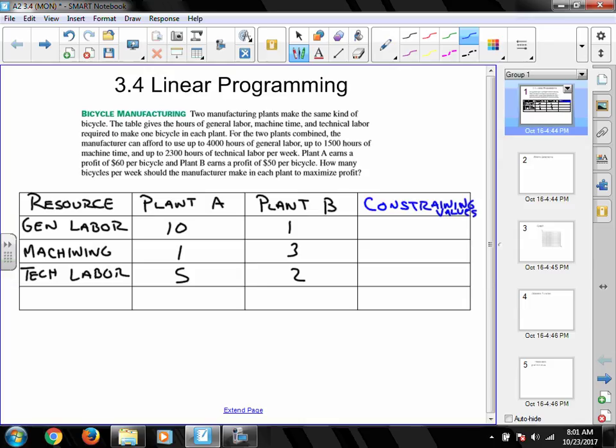And what we're looking for is going to be our profit. And our profit does not have a constraining value because that's what we're trying to maximize. We don't care how high that goes. We want that to go as high as possible. So in the constraining value with profit, I'm just going to put maximize.